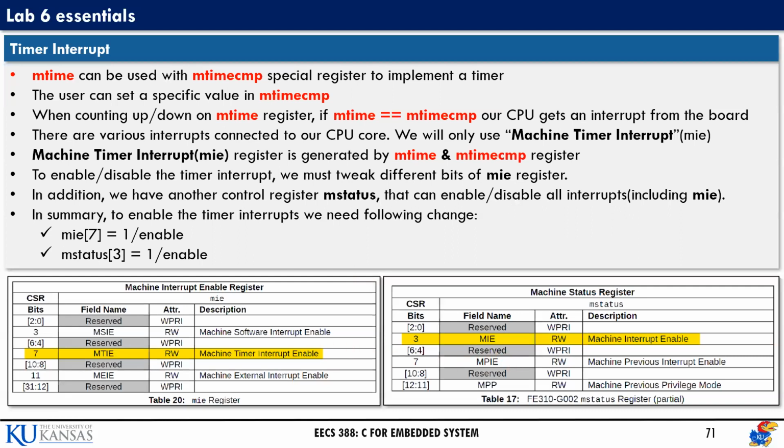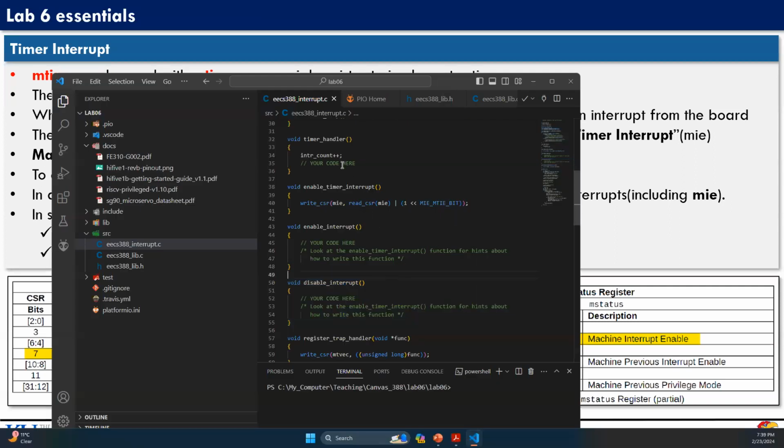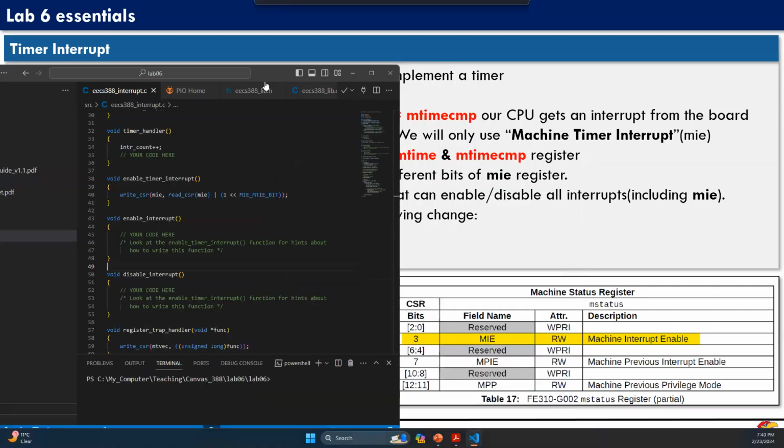So in the enable and disable interrupt functions, you have to turn these bits on to 1 in the enable function, and turn these bits off in the disable function. If you follow this line of code, it should be pretty easy for you to complete these two functions.